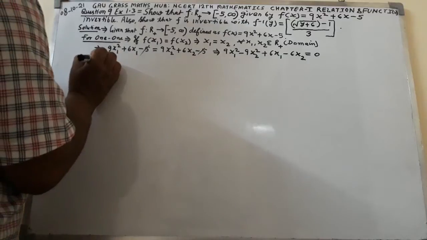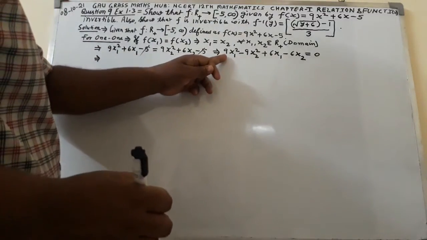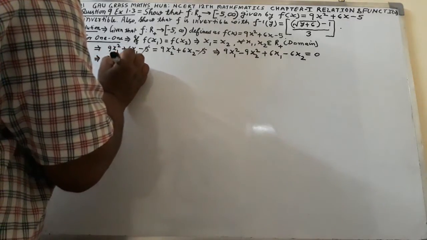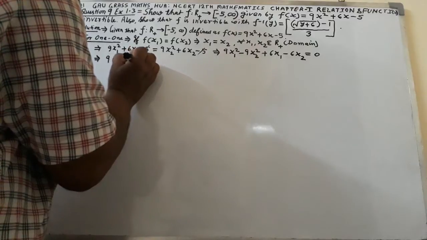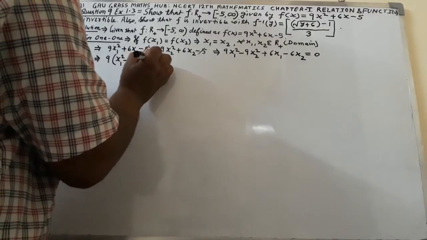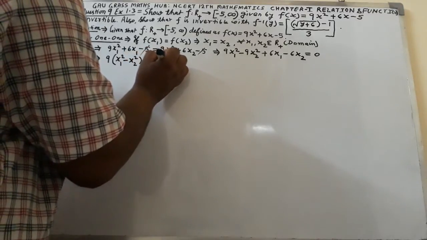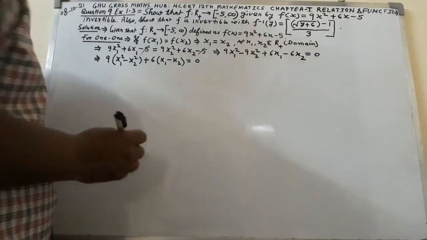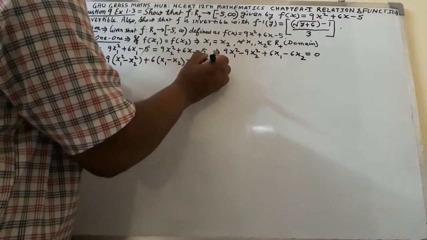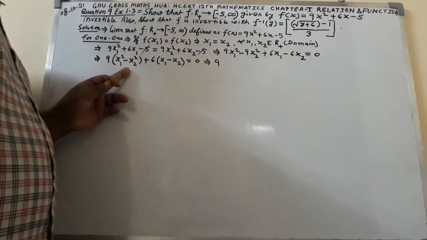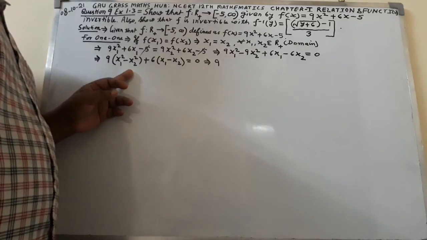Again I shall write, implied that here I shall take 9 as common: x1 whole square minus x2 square. Here take 6 as common: you will get x1 minus x2 equal to 0. Implied that 9 I shall write x1 square minus x2 square, a square minus b square, you will get a plus b, a minus b.